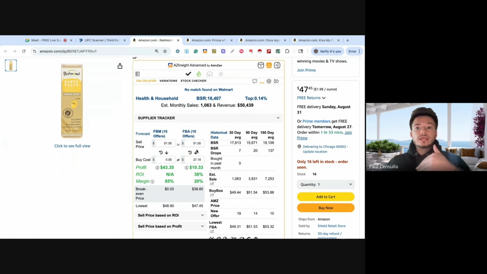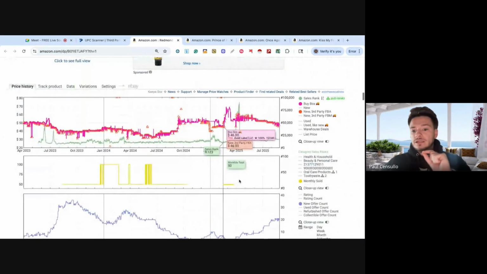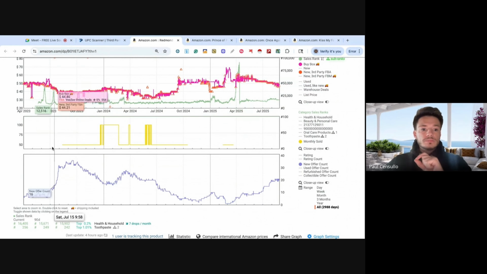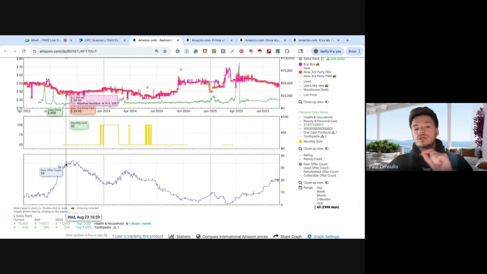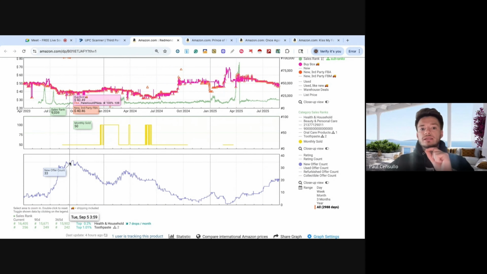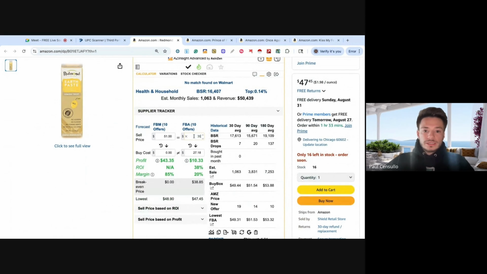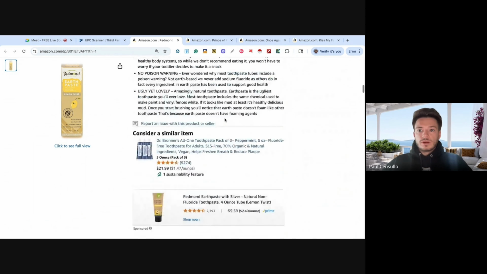So for me personally, looking at this listing, if I was buying this product for my own business, to prevent an offer count issue of that price going down, I'm going to look back at when the offer count did go up, in a hypothetical scenario where competition did increase on the listing. If it was selling at $39.99, we're looking at a break even before any expenses.